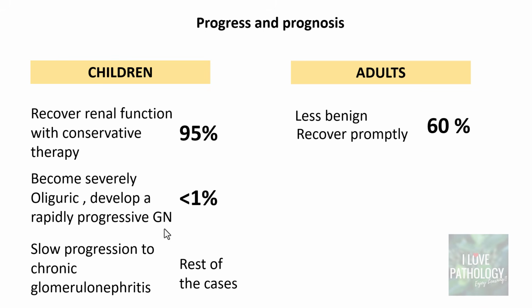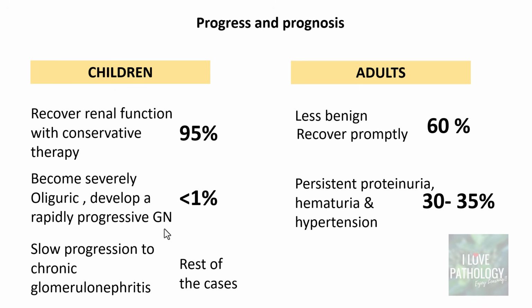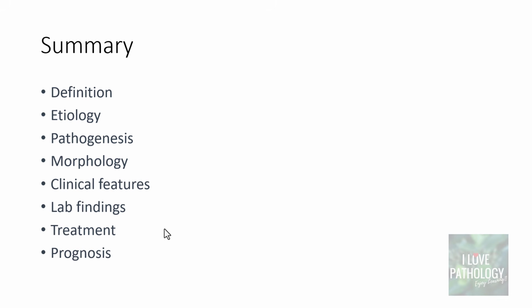Whereas in adults, it's less benign, only around 60% recover promptly, but 30 to 35% of the cases in adults have persistent hematuria, persistent proteinuria, and hypertension. And in the rest of the cases, they progress to rapidly progressive glomerulonephritis or even chronic glomerulonephritis.